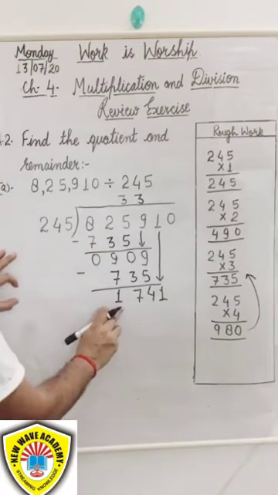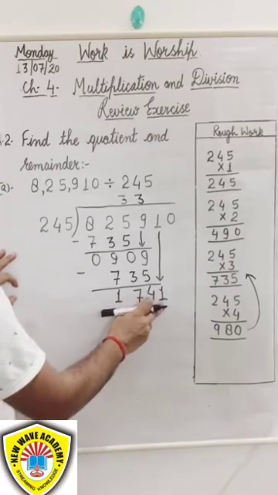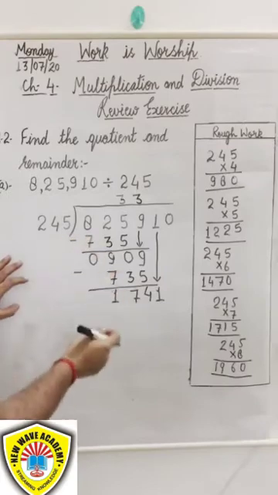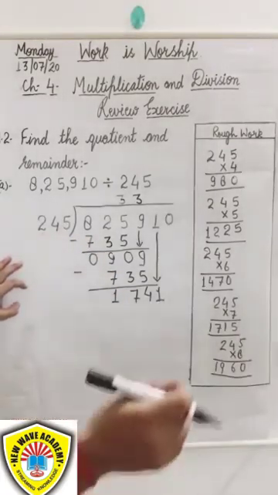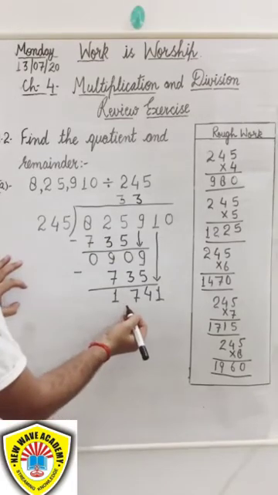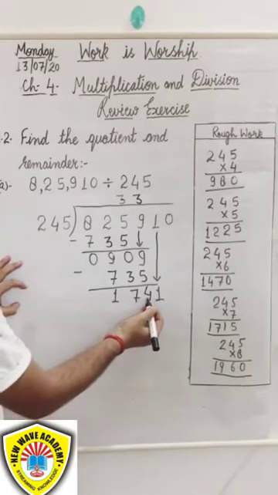Now what number do we have? 1741. We will again start assuming the table of 245 for getting the product which is smaller than or equal to 1741.